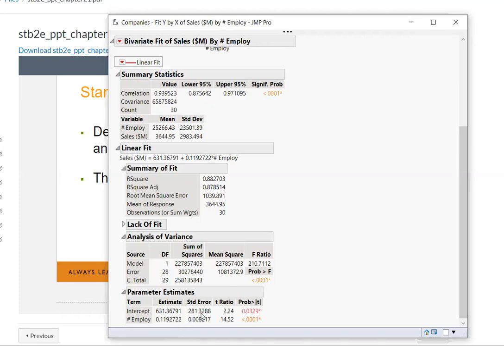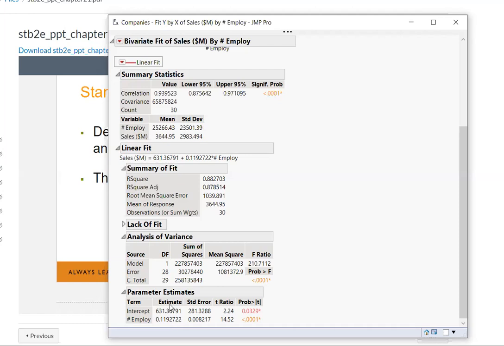The standard error is this number, that SE, 0.008217. So two times the standard error to the right and left of this estimate value, 0.119277722, includes approximately 95% of observations.